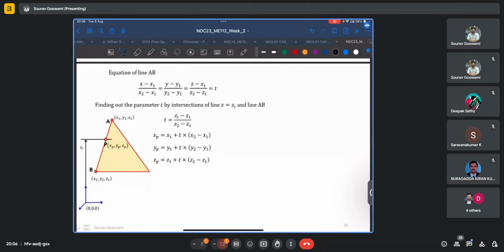For the generic formulation, we see that there will be 2 points of intersection with the triangle, and the way to do it is we first compute the parameter t, then we find the points.